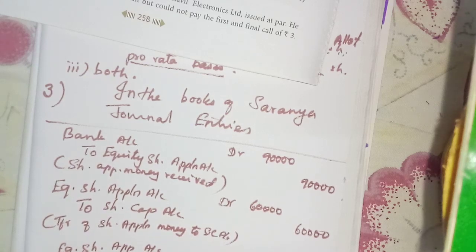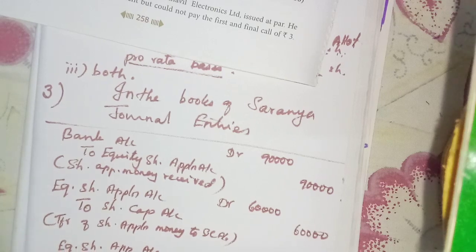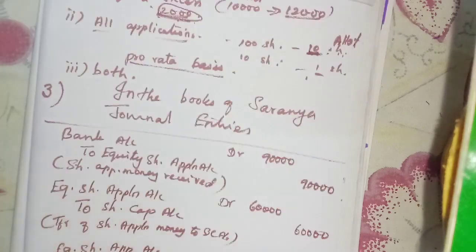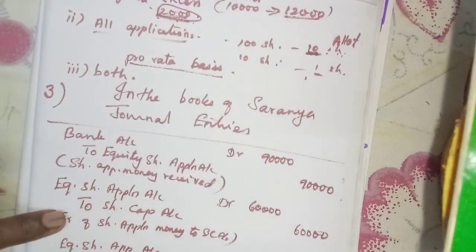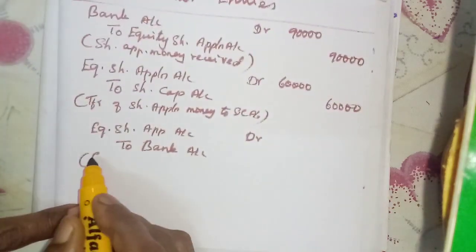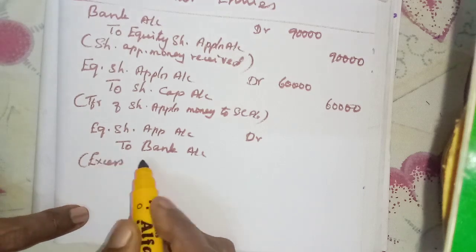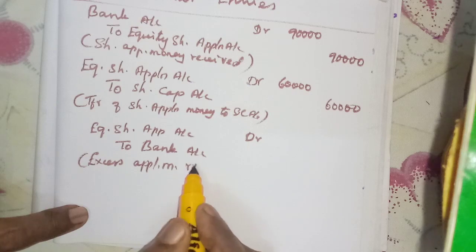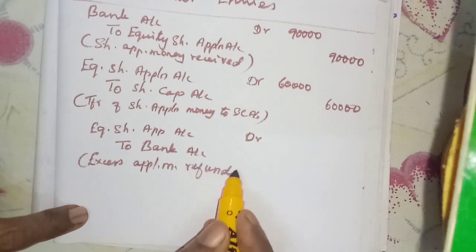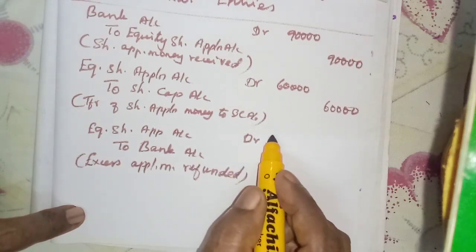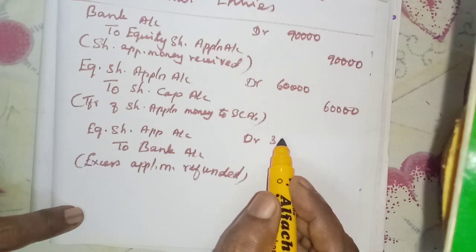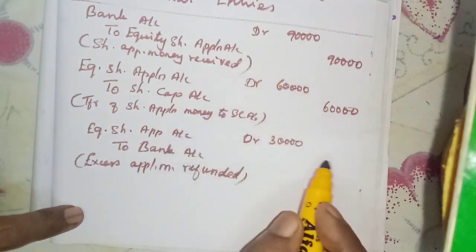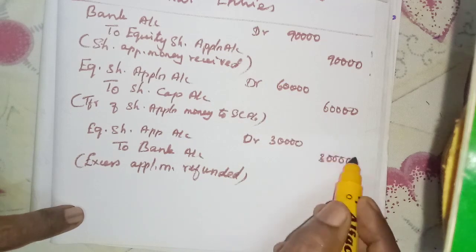Write the same words: excess application money refunded. How much? 30,000. That means 10,000 shares into 3, 30,000. Otherwise, if you deduct from here also, we will get the same amount.